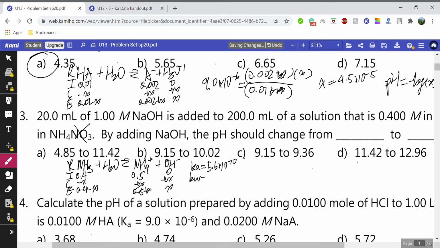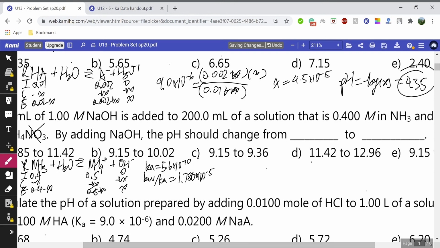Now if we do Kw divided by Ka, so 1.0 e to the negative 14th power divided by 5.6 e to the negative 10th power will give us 1.786 rounded, times 10 to the negative 5th power.